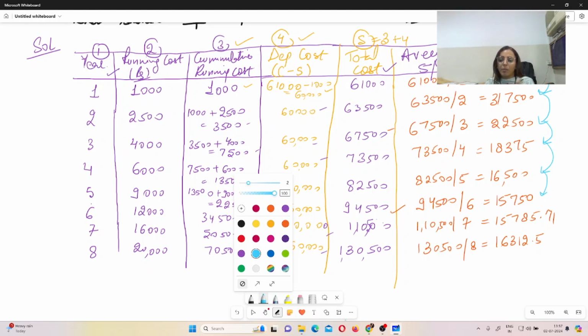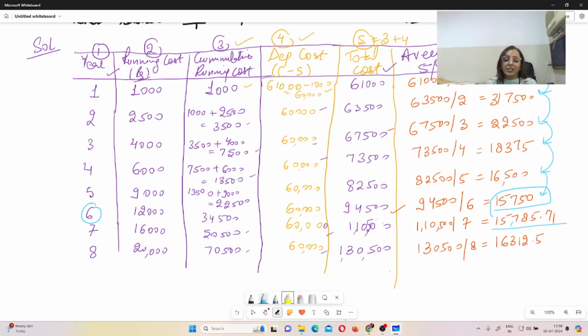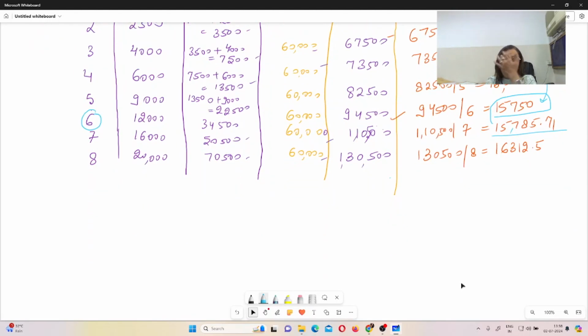But after the sixth year, which has 15,750, in the seventh year the cost rises to 15,785. So till the sixth year the average annual cost is decreasing, but after that it is increasing. Once it starts increasing, you have to stop and analyze it.